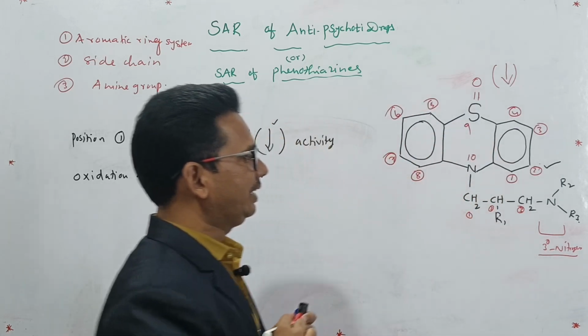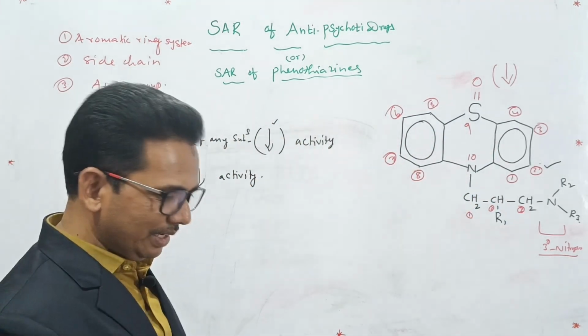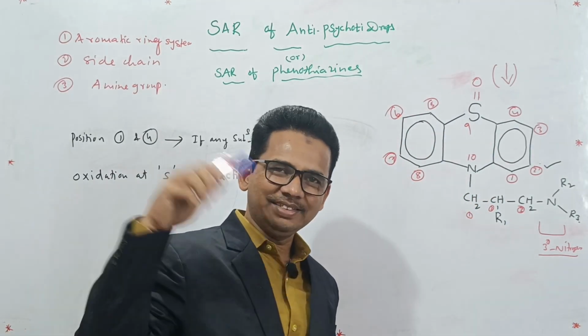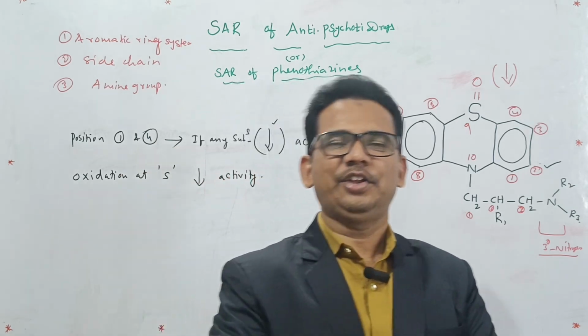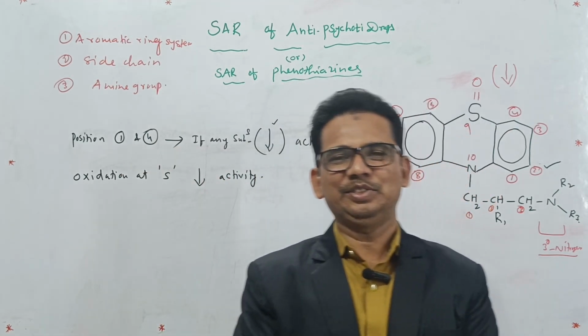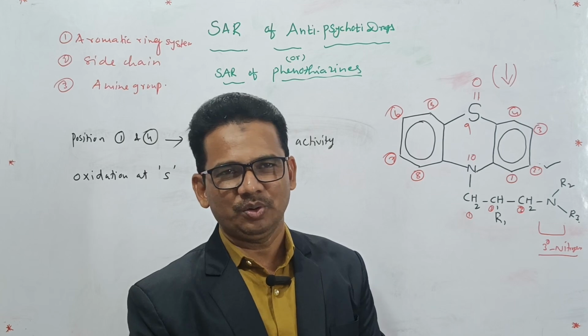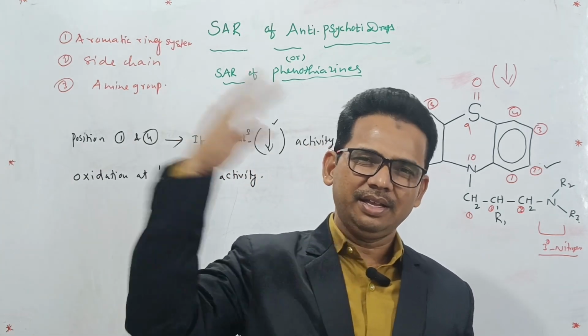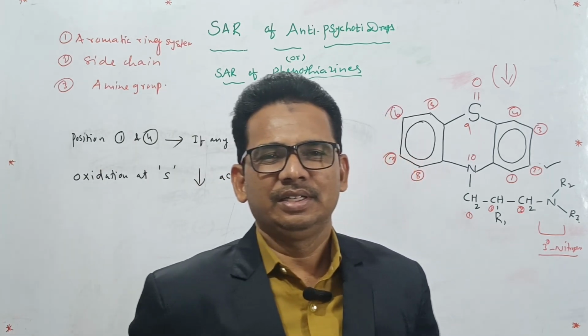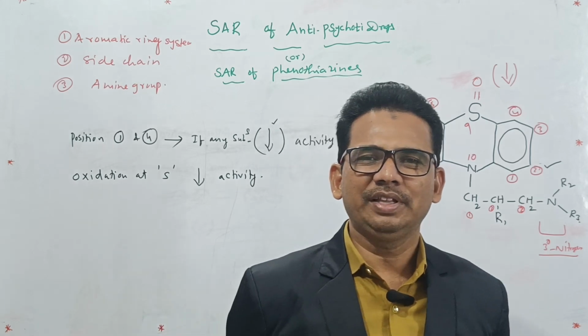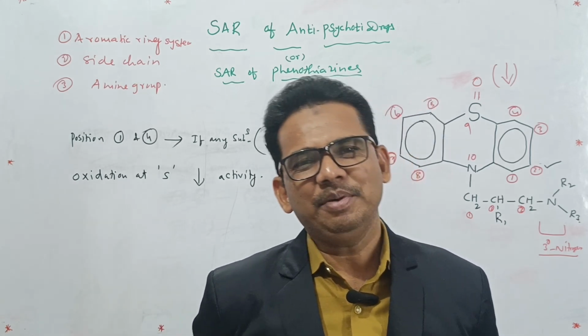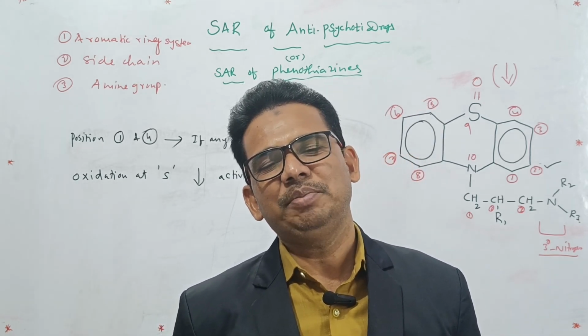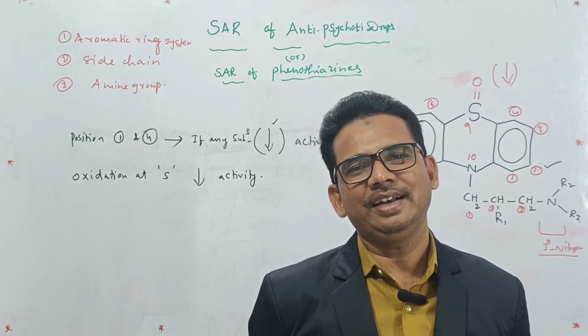Which nitrogen? Tertiary nitrogen. Generally, in the previous SARs, like you might take benzodiazepines, phenobarbital, or any other class of drugs, generally what we observe is that primary amines are more active than secondary and tertiary.